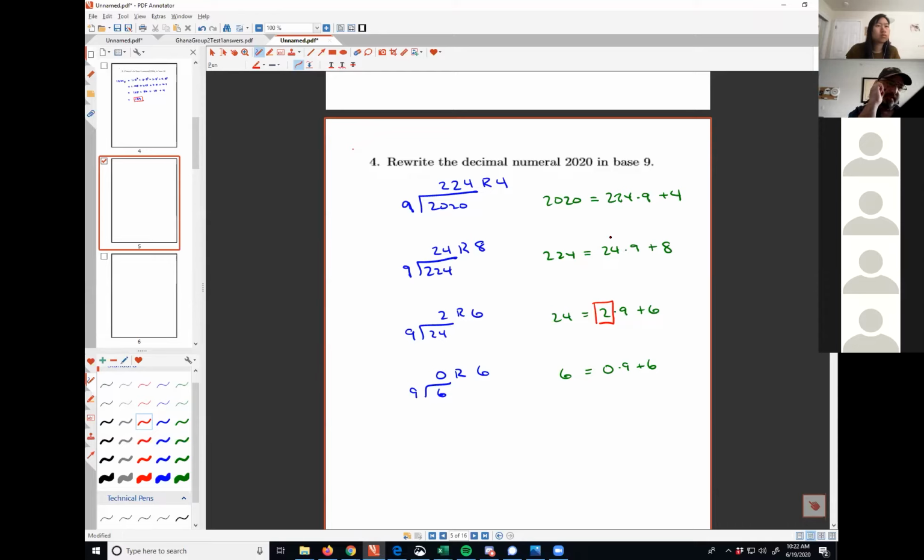Aren't you supposed to rather divide the 2? Like you did 9 divided by 6, which will give you 0 remainder 6. But isn't it supposed to be 9 divided by 2? Oh, yes, you're right. I was right the first time, wasn't I?